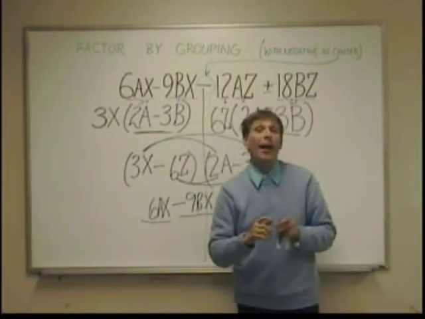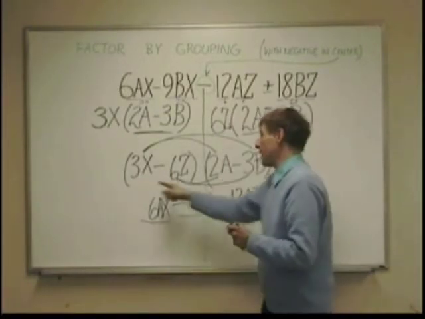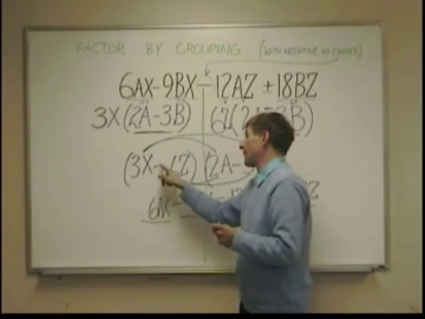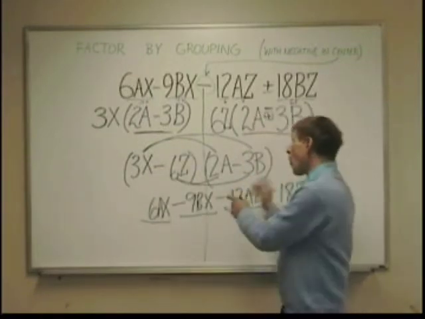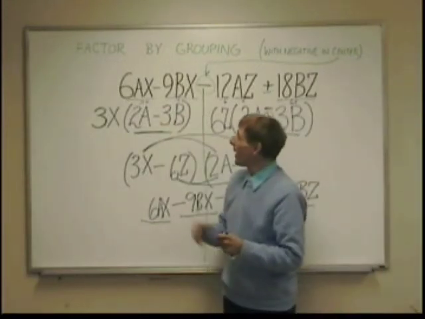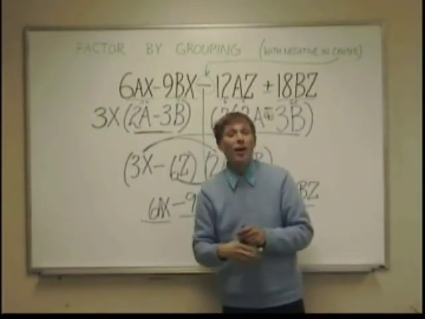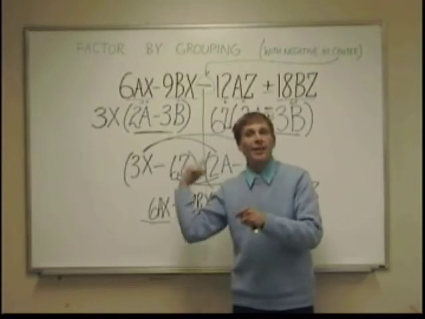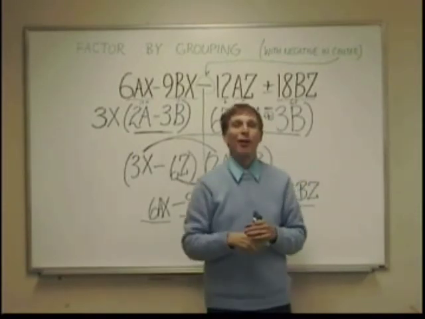So if you ask for one factor, it could either be this one, 3x minus 6z, or 2a minus 3b. And we got that 2a minus 3b pretty quickly early on in our working on this grouping factoring problem.